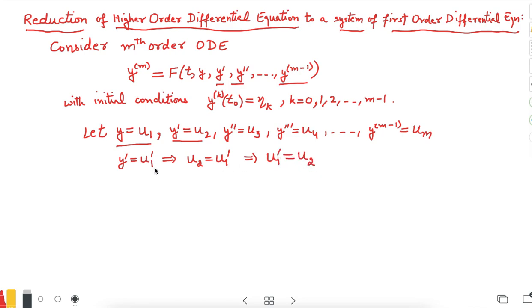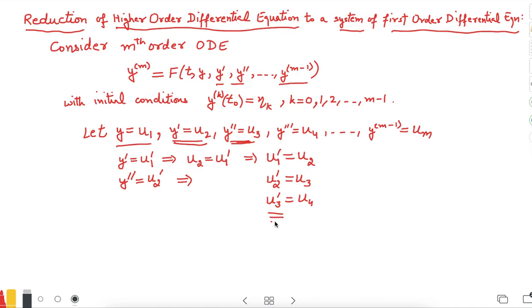Similarly, if I differentiate the second equation one time, then y double dash is u2 dash, and from the third equation y double dash is u3, so u2 dash will be u3. Similarly, the third derivative of y will be u3 dash, and the third derivative is u4, so u3 dash will be u4.